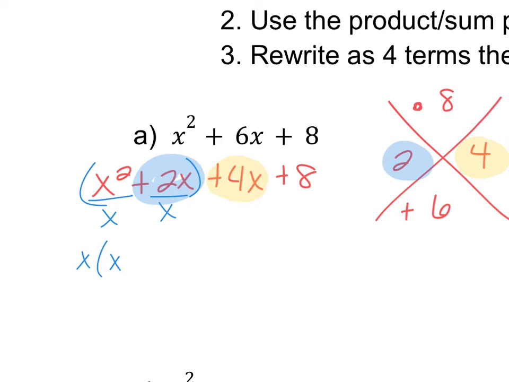Positive 2x divided by x is positive 2. The next 2 terms, looks like you can factor out a 4. So I have a positive 4 parentheses. 4x divided by 4 is x. Positive 8 divided by 4 is positive 2.